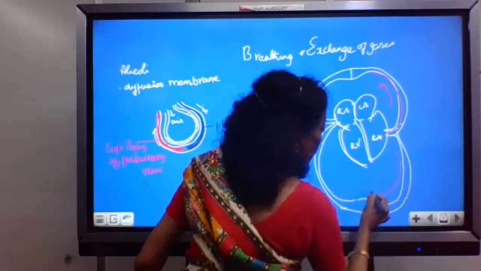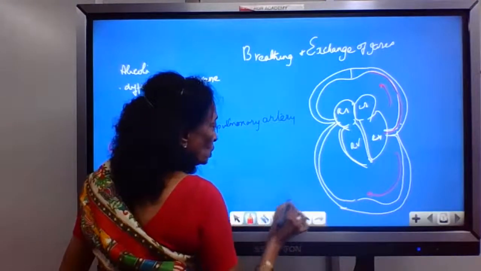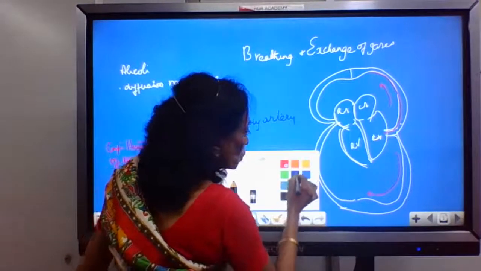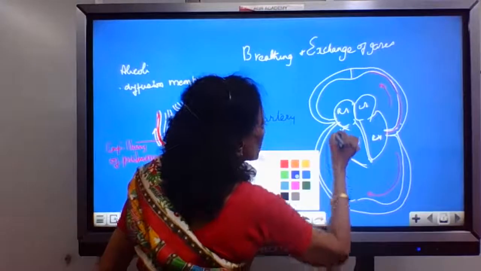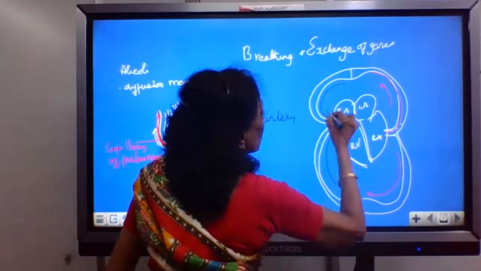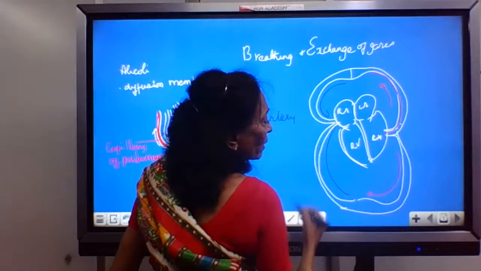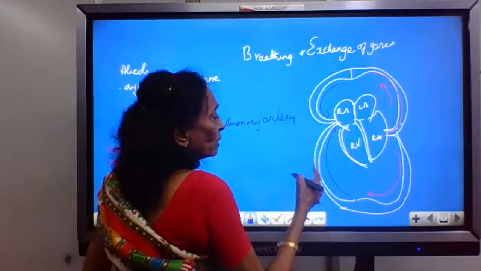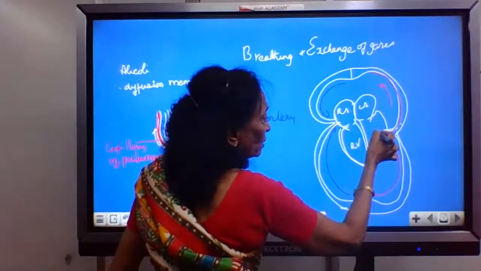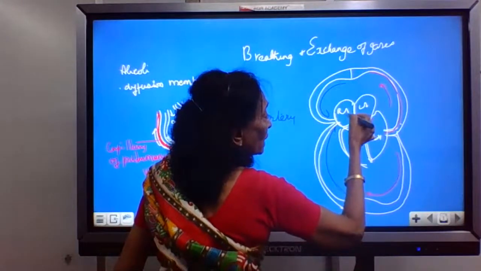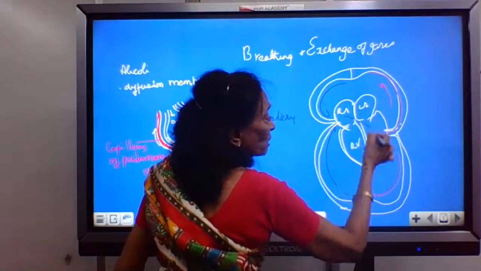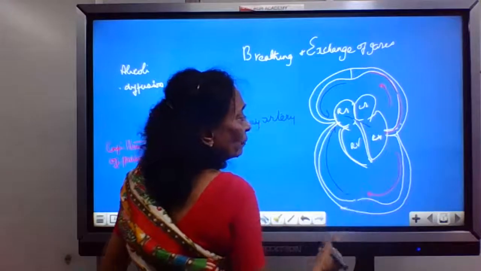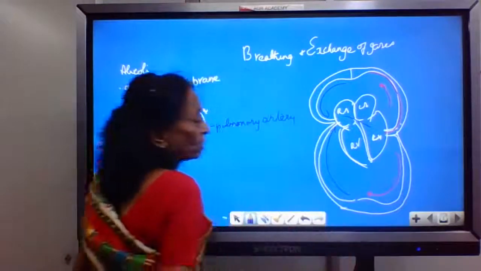Then the vessel from the lower extremity which goes towards the heart carries deoxygenated blood. This is a vein, and veins carry the blood to the heart. So this circulation, starting from the left ventricle and reaching diagonally the right atrium, is known as the systemic circulation.